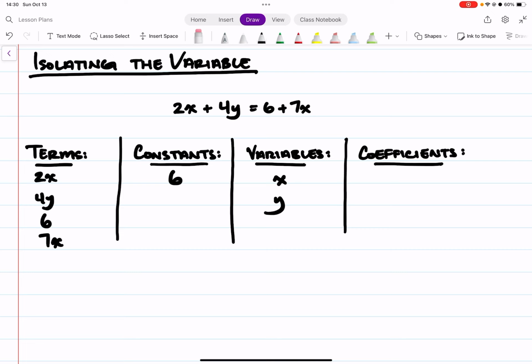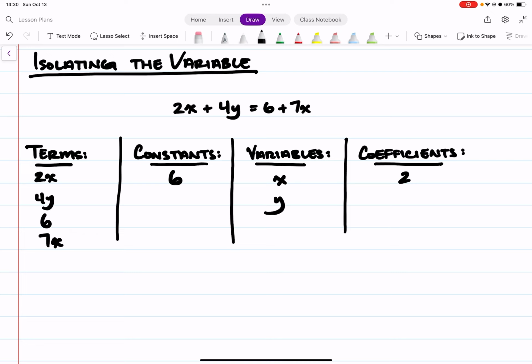And the last one are coefficients. Now these coefficients are the numbers that go in front of the letters here. So we could see that I have a 2, I have a 4, and I have a 7. These are all coefficients. So I could say, what is the coefficient for y? And then you're going to tell me that it's a 4. Now, when I am asking for coefficients, you just have to write down what that number in front of the letter is.